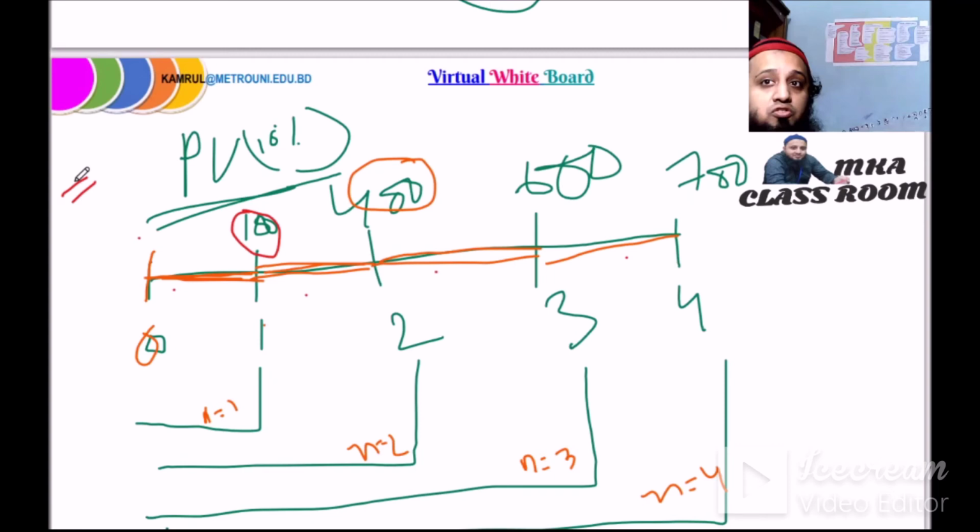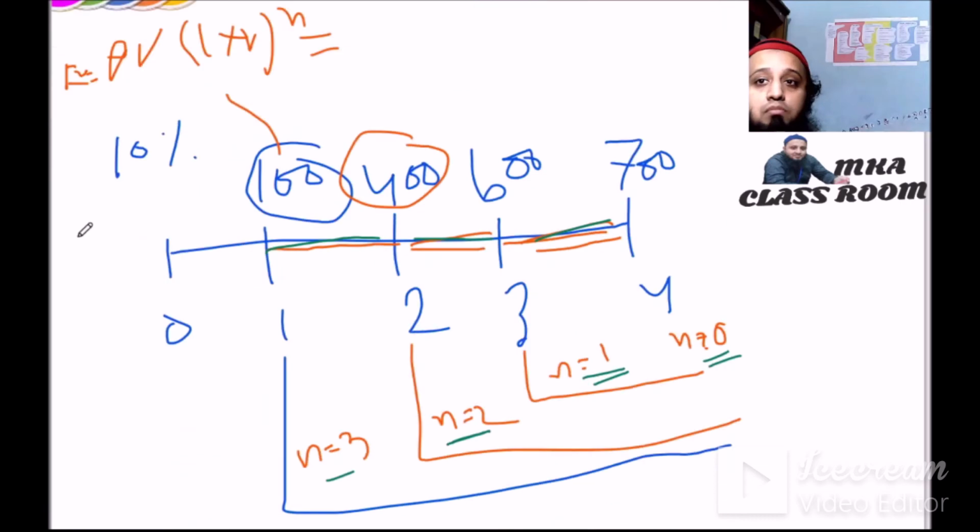The same way, if the problem says the first installment starts at time 0, the very starting time, then it carries 100 here and the value n should be 4, because 1, 2, 3, 4 is our whole time period.